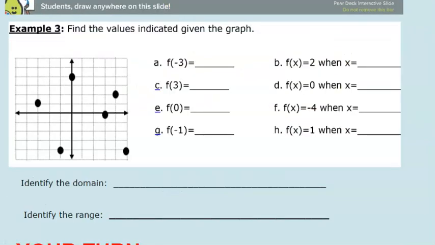Example 3. Find the values indicated given the graph. So the first thing we want to do is label each of these coordinate points. It doesn't have these numbers specified, so let's just say that each increment is 1. So this point would be (-3, 1).